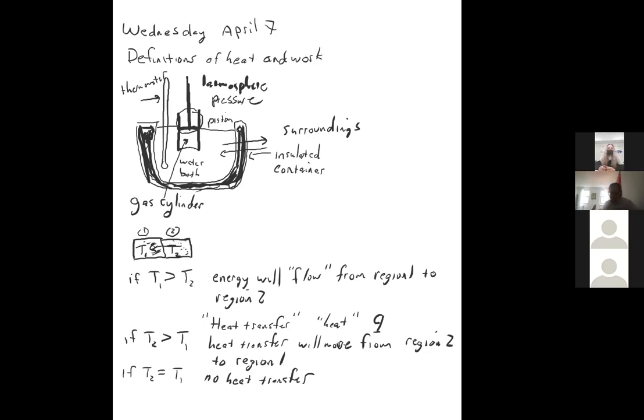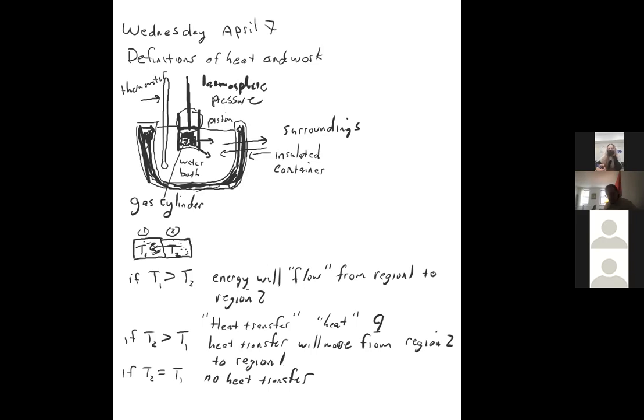Okay, so what we're going to do is look at heat transfer from this gas cylinder. There's a couple ways that could happen. One way would be that there's a chemical reaction inside this cylinder, and that chemical reaction can release thermal energy or transfer heat into the water.